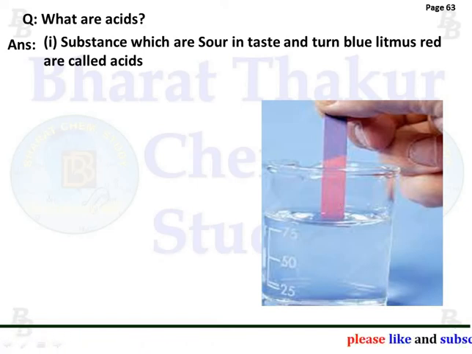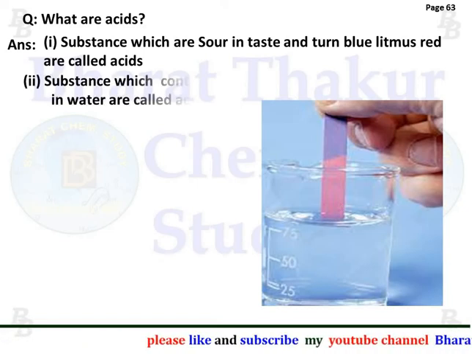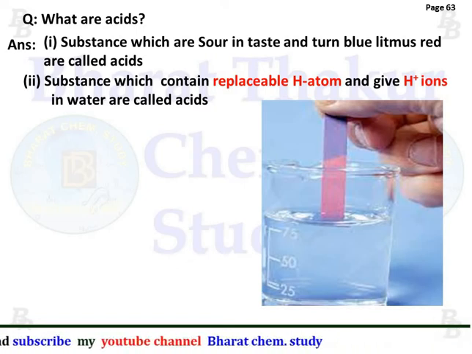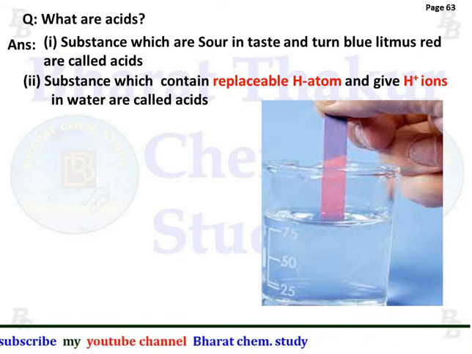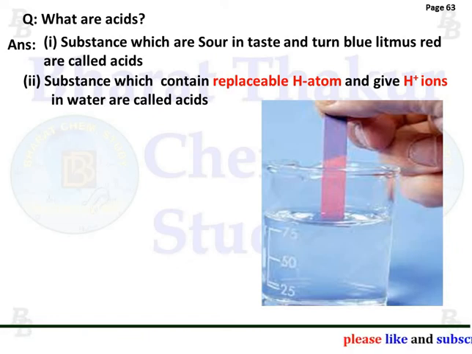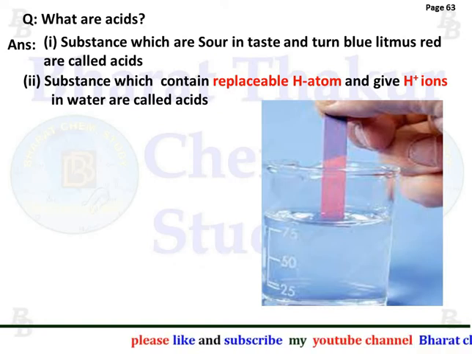The second definition is that substances which contain a replaceable hydrogen atom, that means they must contain a hydrogen atom and give H positive ions in water, are called acids. So these are the two definitions of acids which we can use.